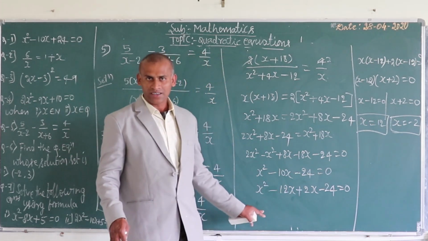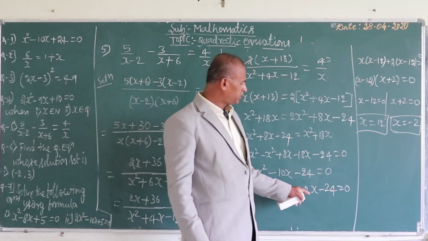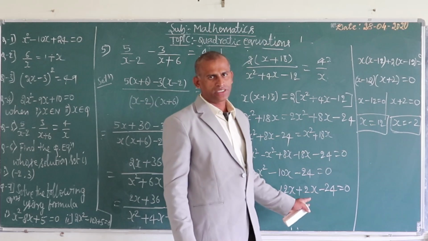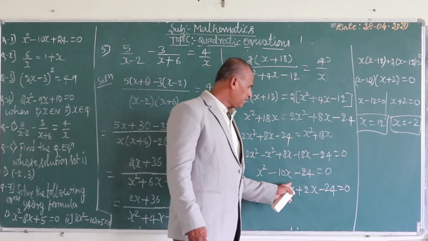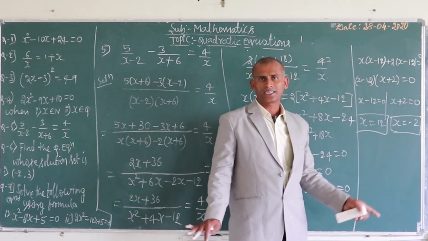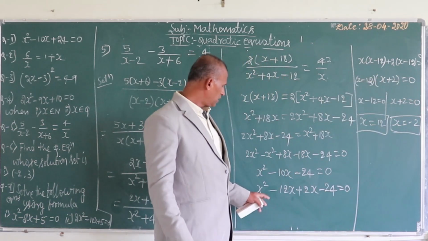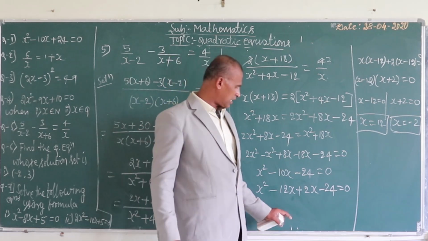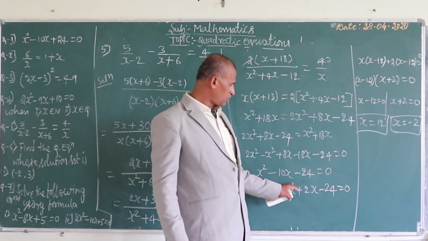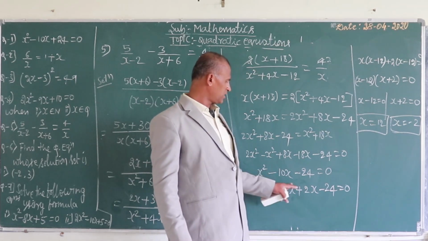Suppose 6 fours also will come here. 6 fours will come, meaning here minus is there, again it is a problem. Factorization method we can't do that way, because the factors will come with minus on one side and plus on the other. That is why it is a problem for us. So 12 twos are: x minus 12, 12 minus 12x, 12 twos are 24, minus 12x plus 2x is minus 10x.